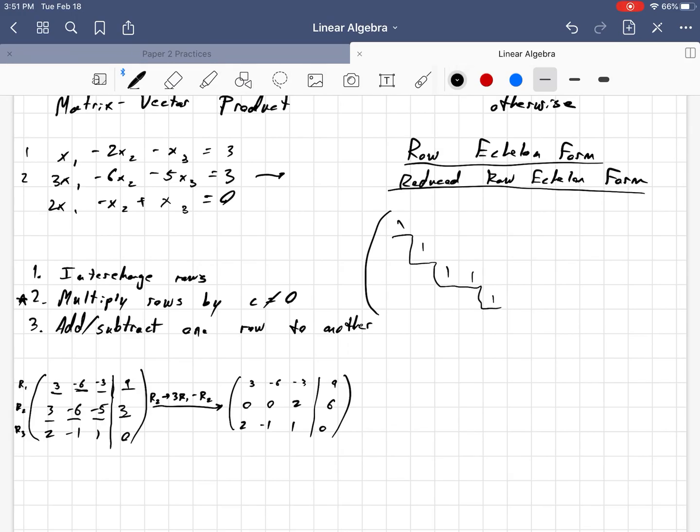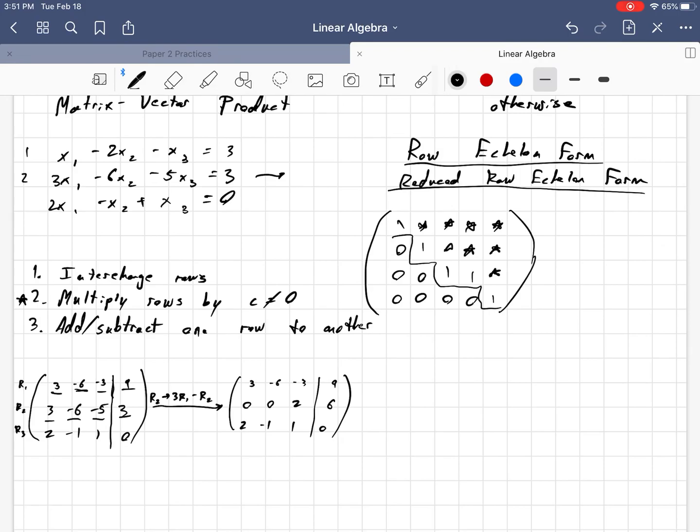What we demand in row echelon form is that wherever we see a 1, there are zeros below every 1 up until the last row. We don't care what's above, so I'll just put stars, but we demand that what's below the 1s is all zeros. This is row echelon form.